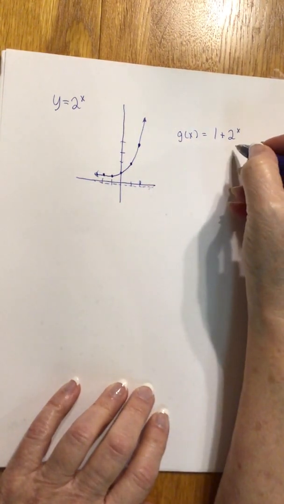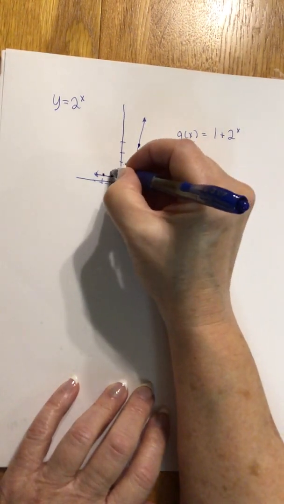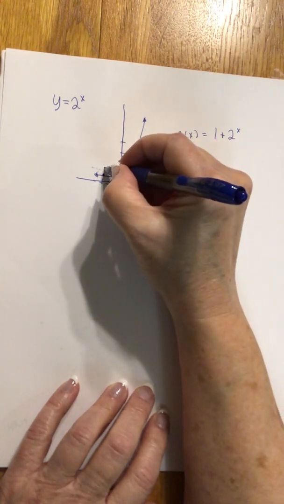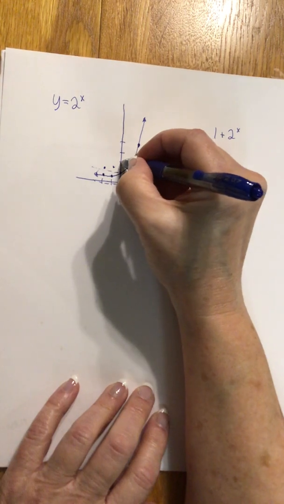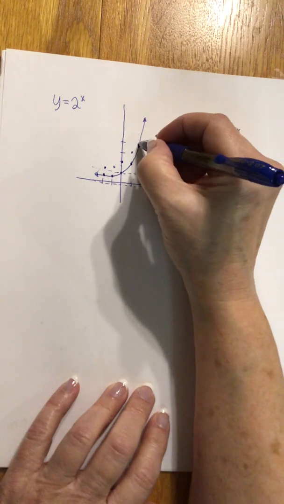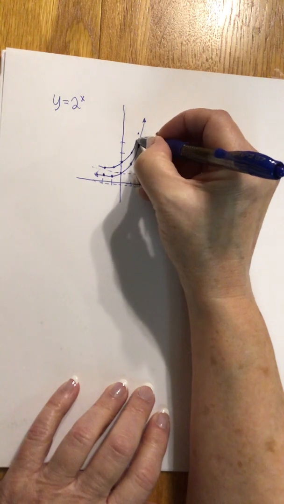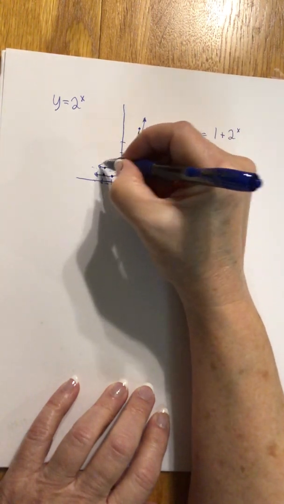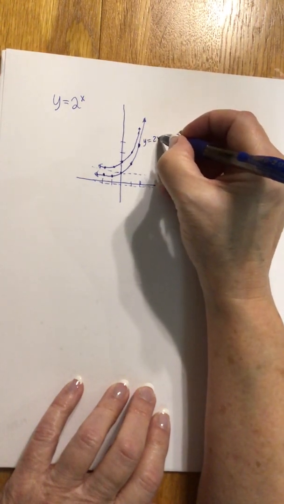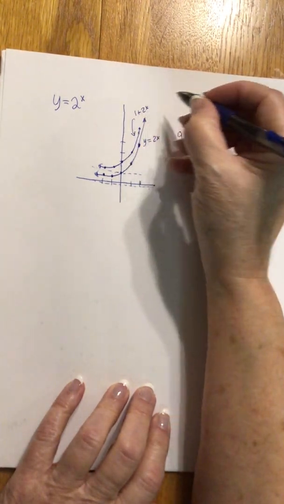So all the points move up 1: the 1/4, the 1/2, the 1, and so on. So everything moved up 1. The bottom one is our y equals 2 to the x, and the one up here is our 1 plus 2 to the x graph.